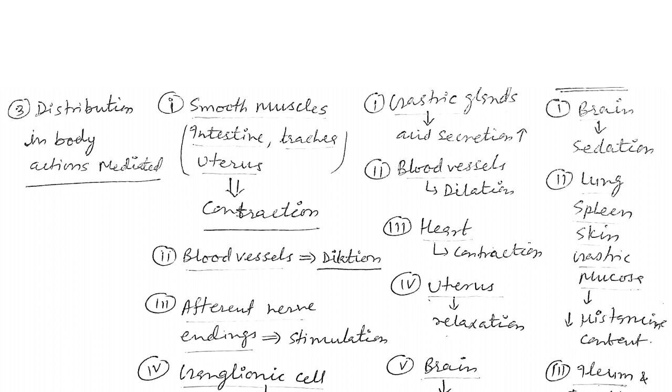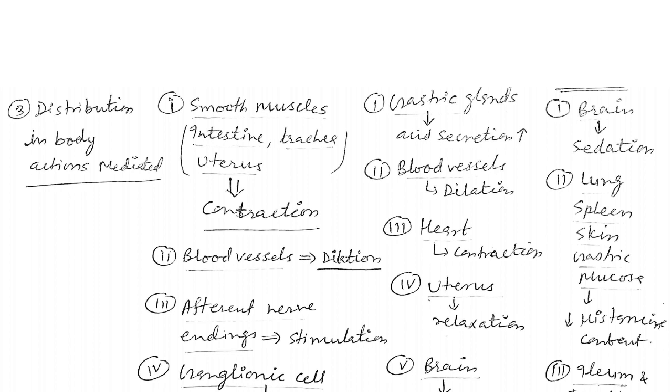The intestine is present in our alimentary canal, the trachea in our respiratory tract, and the uterus in the female genital organs.